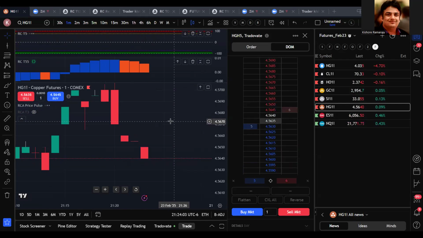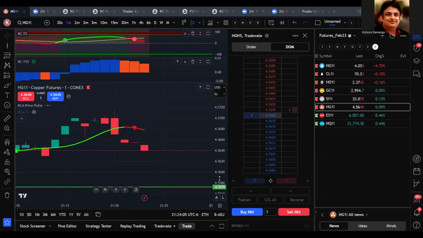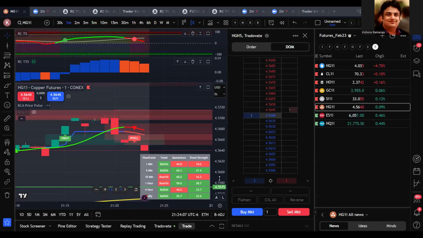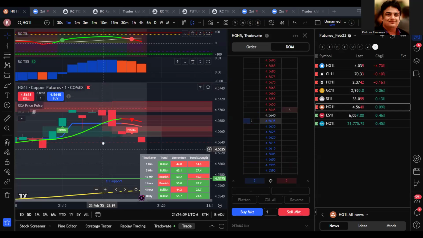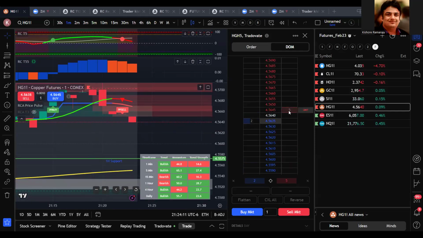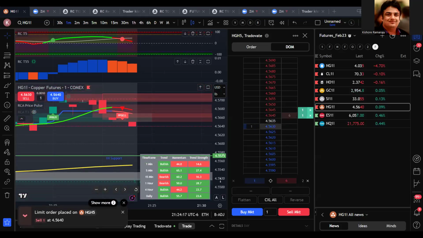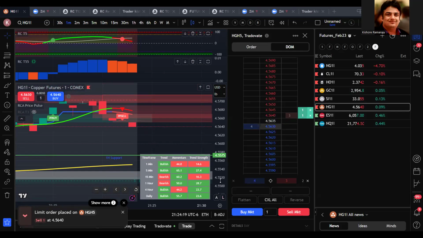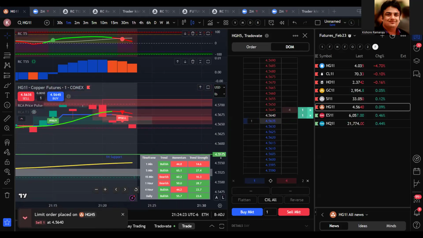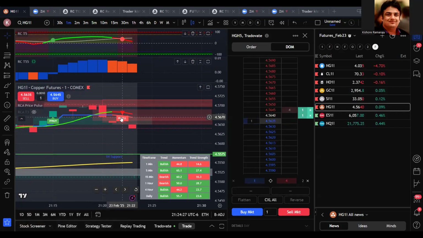Silver also dropping big. You can short on copper. Again same reason. You have sell here, you have sell here, you have sell here. They come all the way till here.